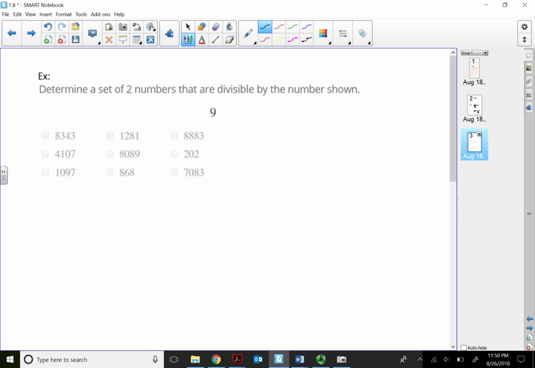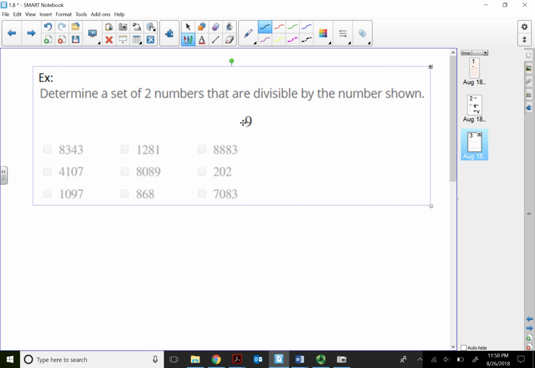All right. Now, let's do it slightly different. Determine a set of 2 numbers that are divisible by 9. So this one's a little bit more work. We have to quickly add this up. 9 can only go into numbers where the sum of its digits is divisible by 9.